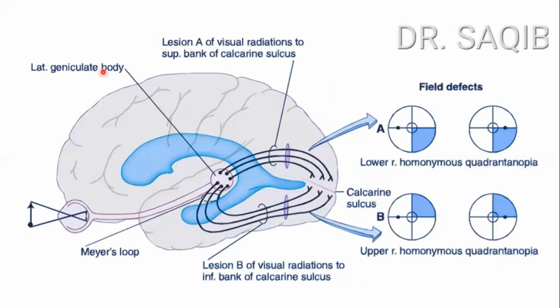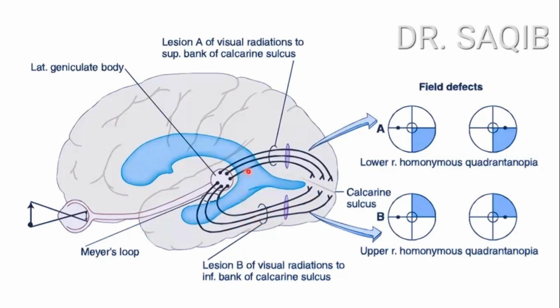Why does it occur, right? You see this is the lateral geniculate body. And over here, this is the calcarine sulcus, and this is the superior bank of the calcarine sulcus. And this is the inferior bank of the calcarine sulcus.